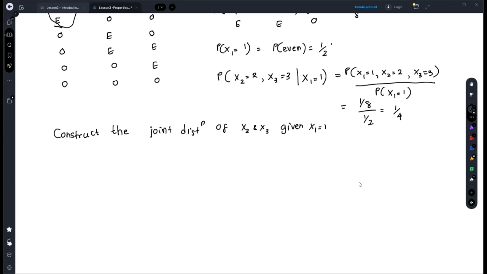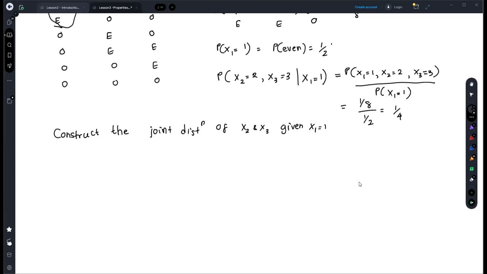So you can have x1 equals 0 and x1 equals 1 both. Okay. So we looked at only one incidence, x2 equals 2 and x3 equals 3 given x1 equals 1. But there can be all other possibilities. You can have x2 equals 1, x3 equals 1 given x1 equals 1, right? So likewise, you can come up with these probabilities.